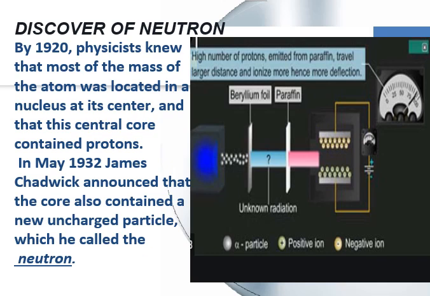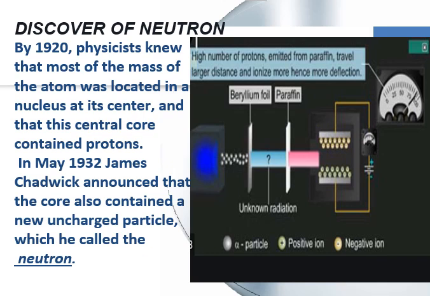Now this confusion was solved by James Chadwick in 1932, who performed an experiment using a radioactive element, polonium. This polonium metal produces alpha particles which hit the beryllium metal. The particles ejected from these beryllium foil atoms were then passed through a paraffin sheet.